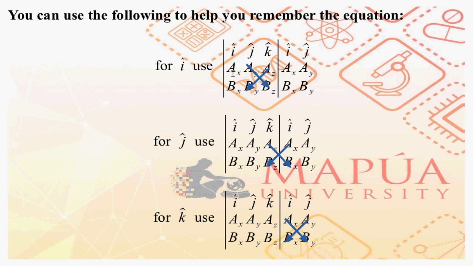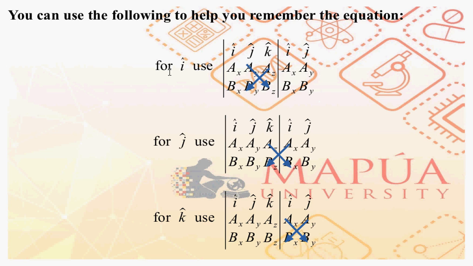Write down the components AX, AY, AZ of the first vector, and then the components of the second vector, BX, BY, BZ. Write them down in matrix form. So AX, BX, i hat column, j hat column, you have AY, BY, k hat column, AZ, BZ, and then extend the matrix. Extend the column i hat, and then j hat.